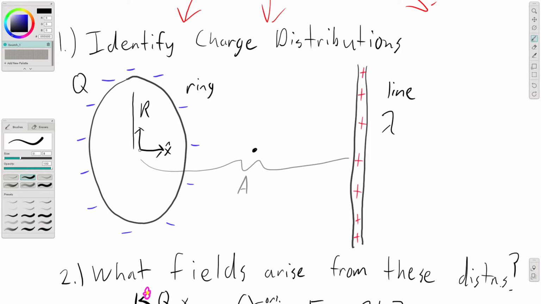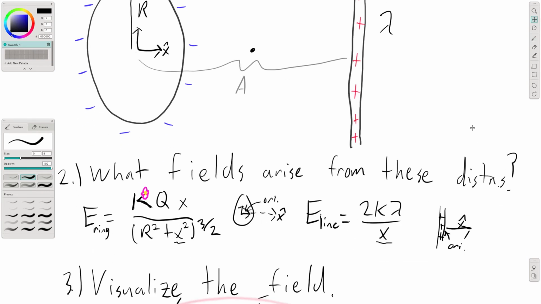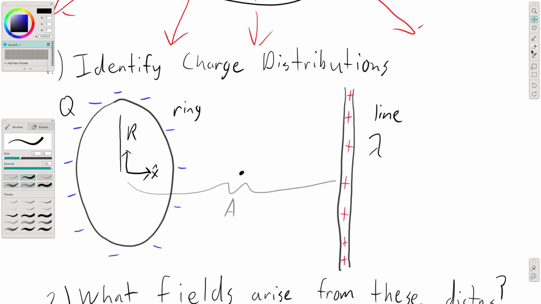So our x-axis starts right here. That means that our equation E ring is already valid. That x is the x that we chose. Our line charge equation is a little less valid. So we want to figure out this distance, which we were previously calling x for the line charge, and now we're going to call it what it is in this coordinate system.